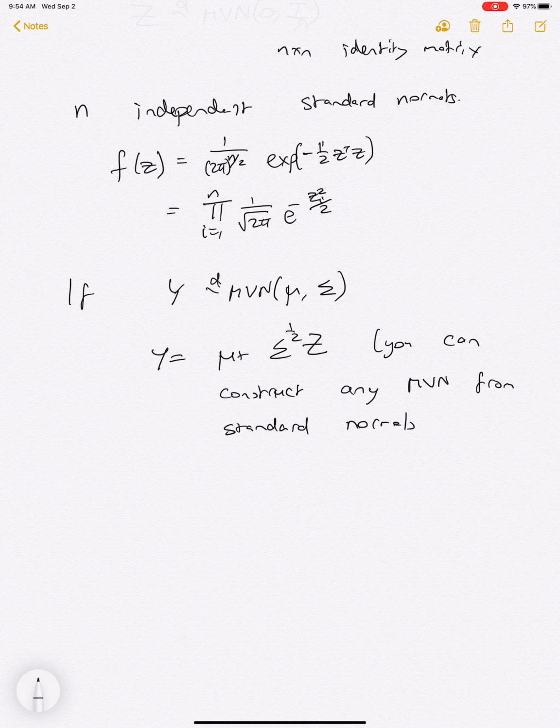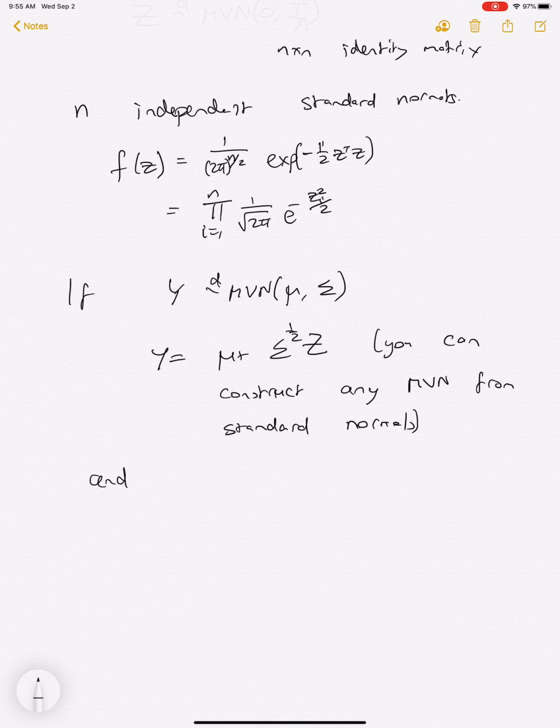And this is something that you're going to find really useful in homework 1 when you do your simulations. So if you want to construct any multivariate normal, you can easily do that by starting with n independent standard normals, multiplying by the square root of the covariance matrix, and then adding the mean vector.